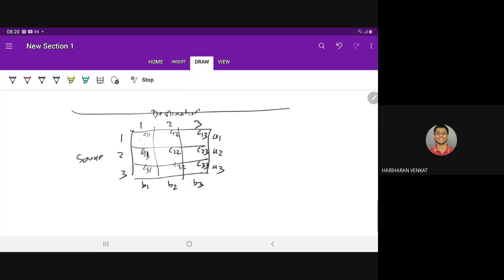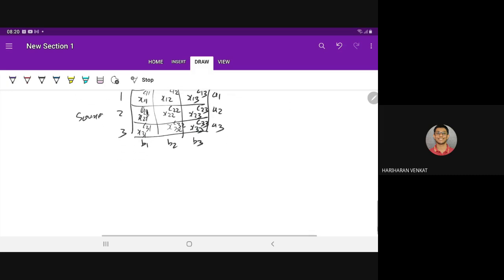And the corresponding allocations will be X11, X12, X13, X21, X22, X23, X31, X32, and X33. So we have this.